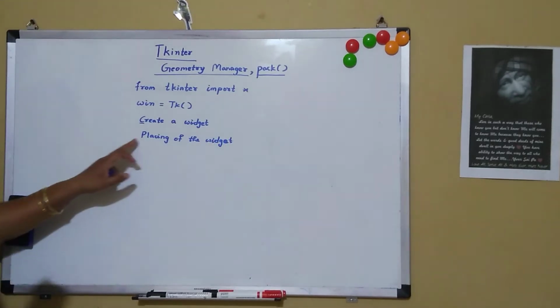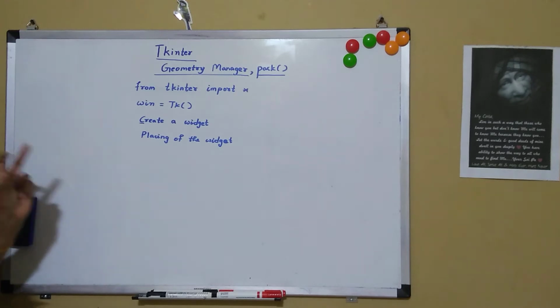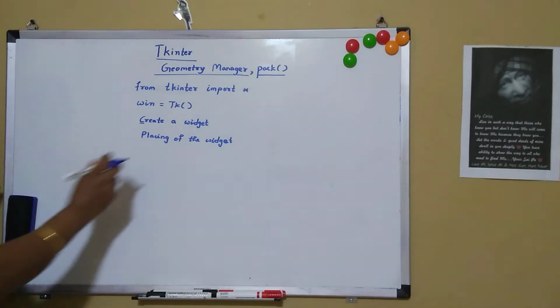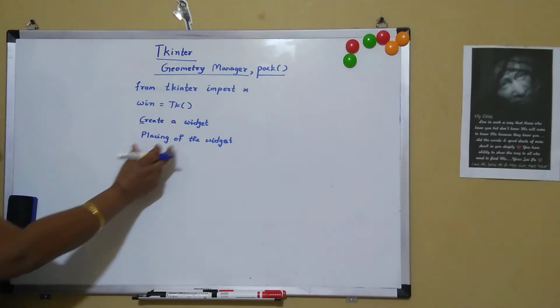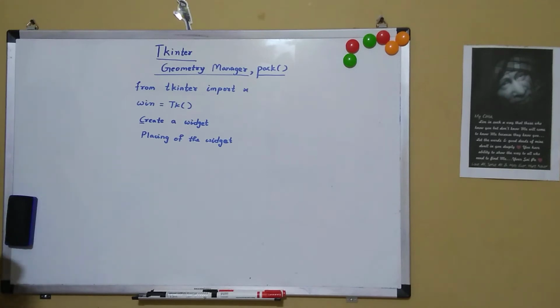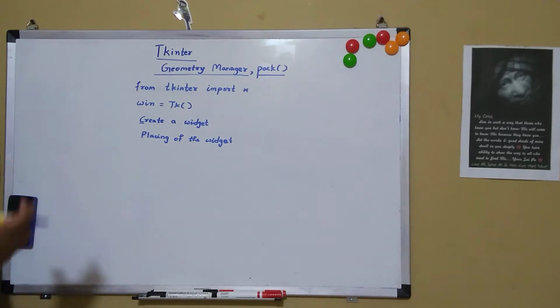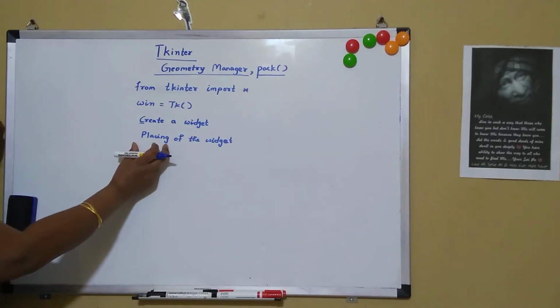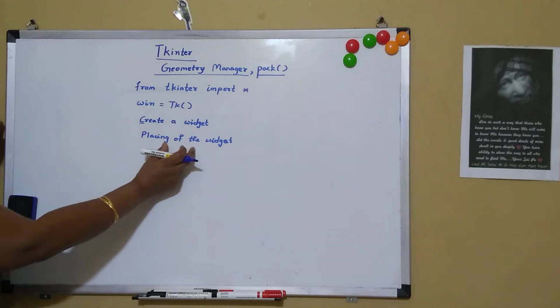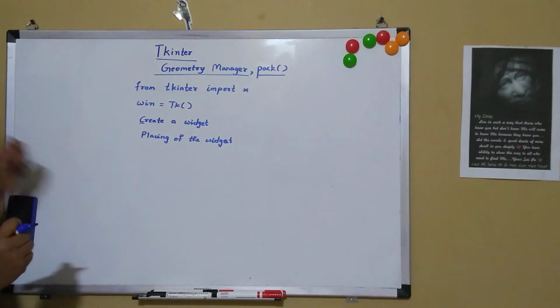Placing of the widget means in which position the widget should be placed. We have to give that position to the interpreter so that it places it in that particular position. If we just create a widget, it will haphazardly place it in the main window. So we have to give the position. So placing of the widget is also important.